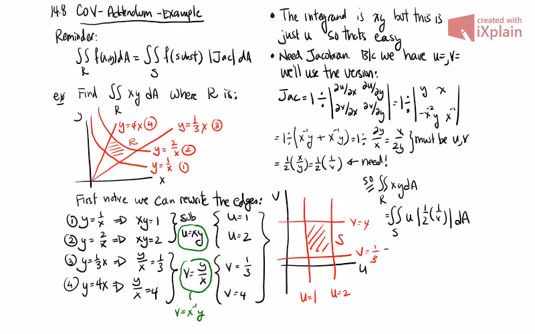That iterates nicely because S is vertically simple. So u goes from 1 to 2, v goes from 1/3 to 4. The 1 over v is positive. The u's and v's are all positive in this new region, so I can just throw away the absolute value. I can write 1/2 u over v dv du, and that is actually a really easy evaluation.